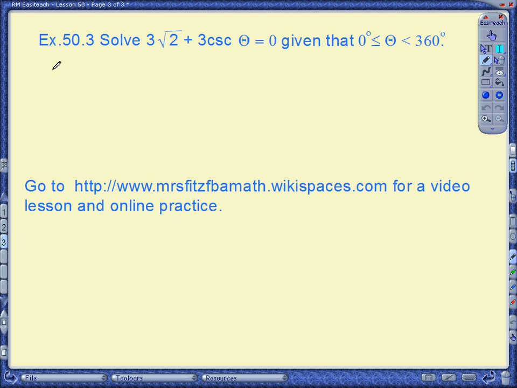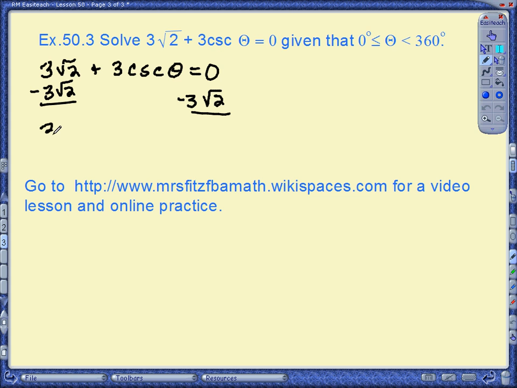And number 3, another equation, 3 root 2 plus 3 cosecant theta equals 0. We're going to subtract 3 root 2. We're going to divide through by 3, cosecant theta equals negative 3 root 2.